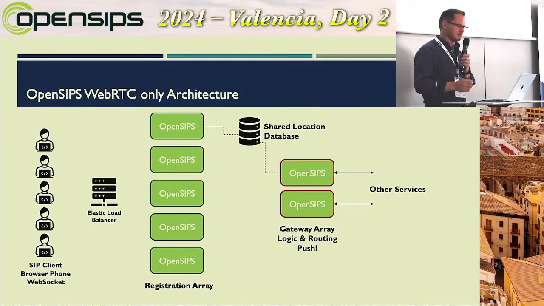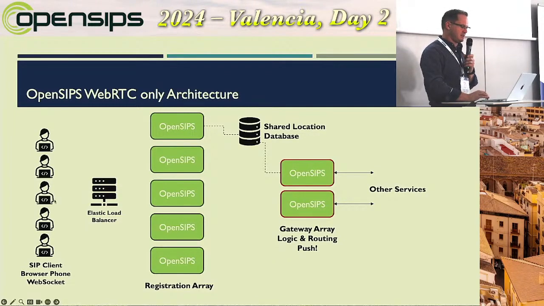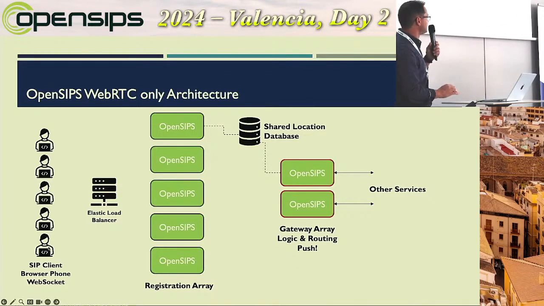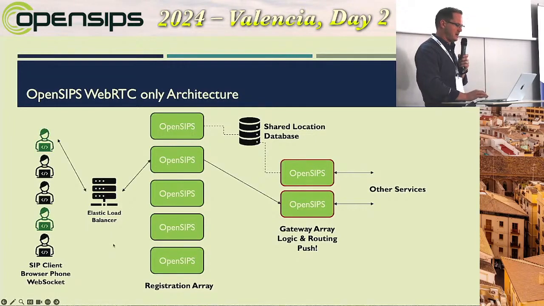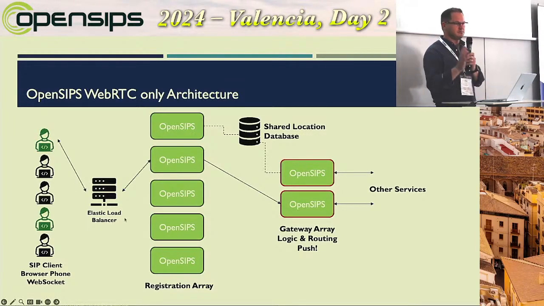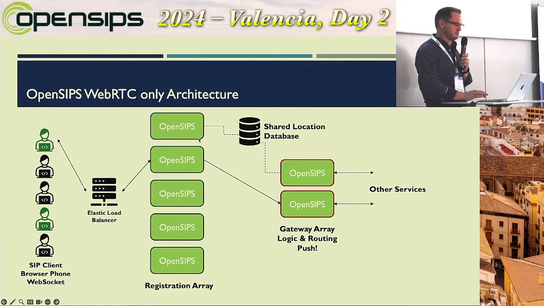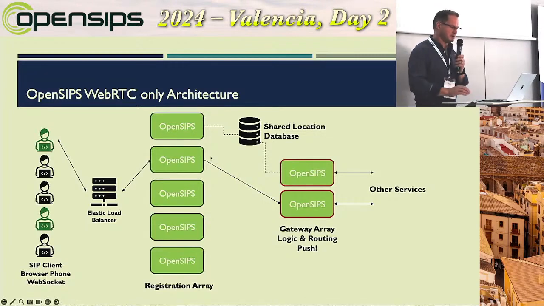Okay, so let's have a look at this. It's my take on it. Over here on the left-hand side, we've got our SIP clients, our browser phone, WebSocket connections, which go through an elastic load balancer, and this is all AWS stuff. The elastic load balancer for that session assigns user A to OpenSIPS server number 2.